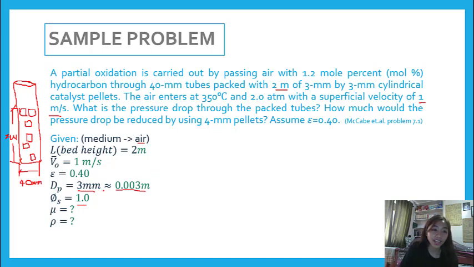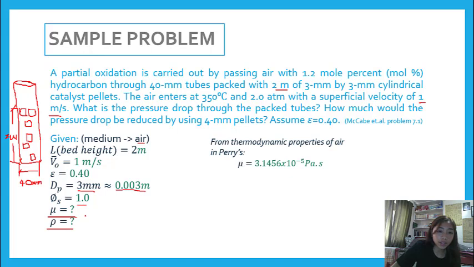Then the sphericity, given a short cylinder from the table, is just equal to 1. So there, we have L, v0, epsilon, dp, and sphericity. And we are not given the viscosity or density. So how do we compute these?